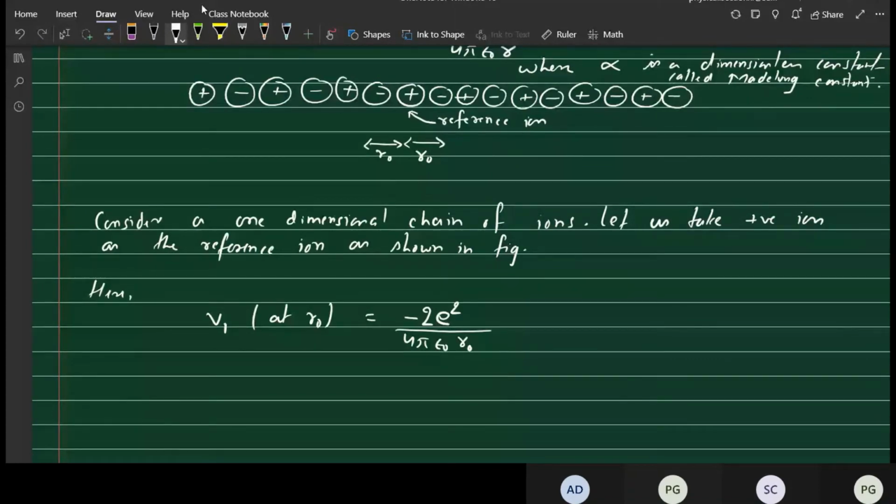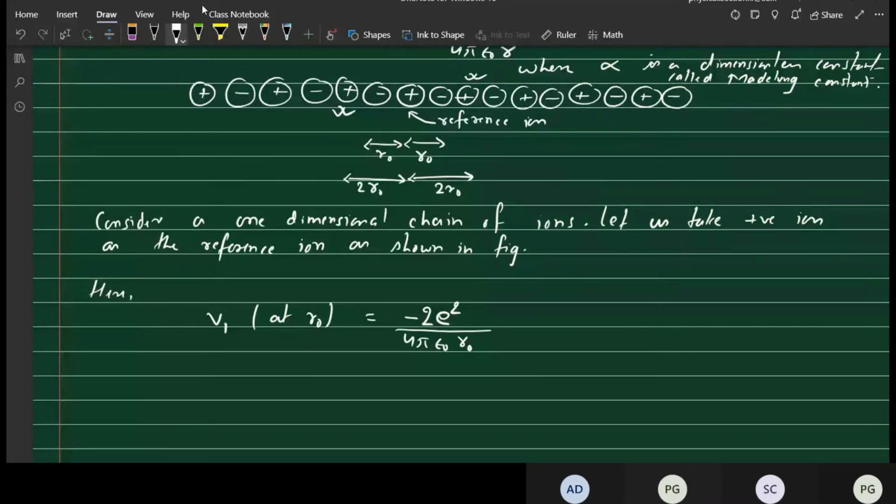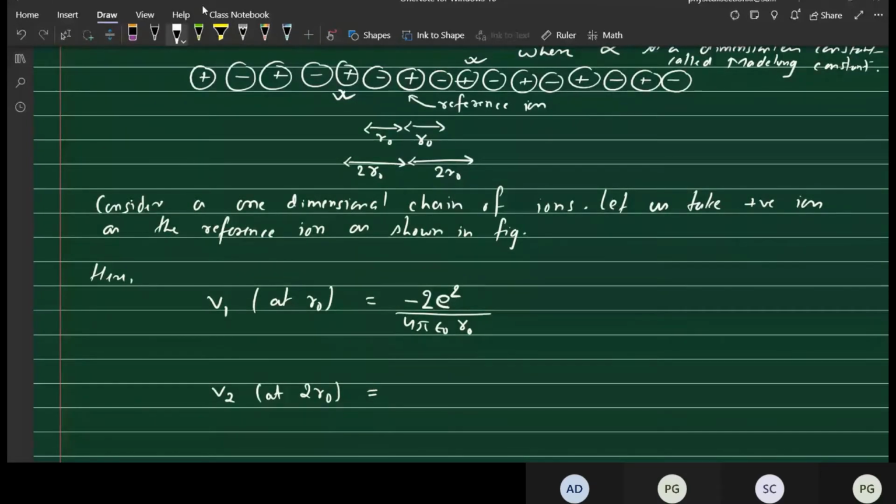Now again, the potential due to charge at distance 2r0. This one and this one. So V2 at 2r0 is equal to, in case of 2r0, there is an interaction between positive and positive ion.